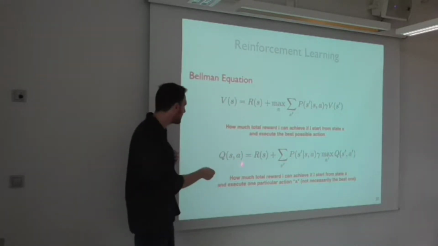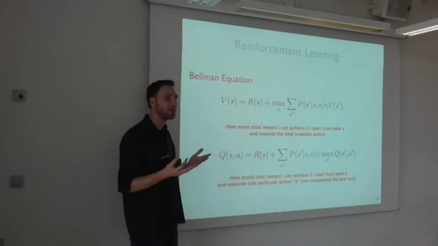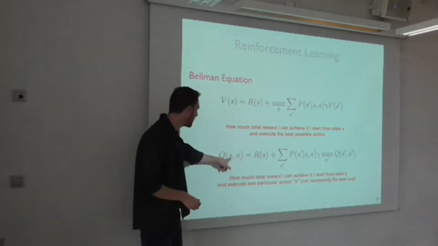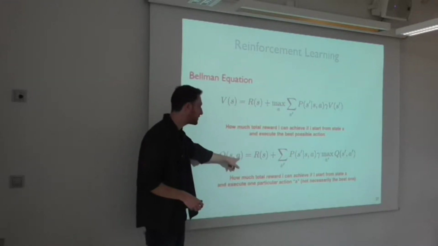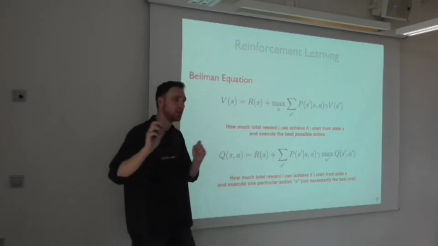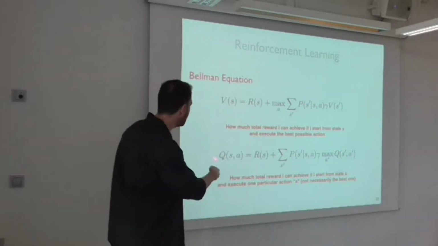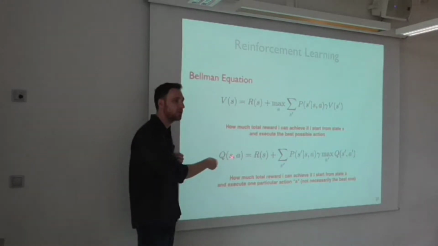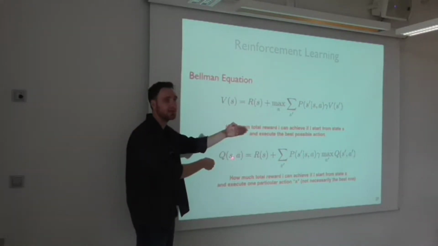Video games are a good analogy. The agent is born in one specific part of the game, executes this action, and then performs optimally, selecting all the actions in the best possible way. This is the total score that you expect to get during that level of the game.